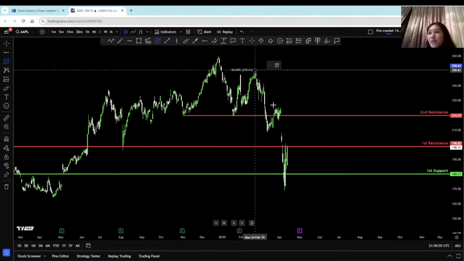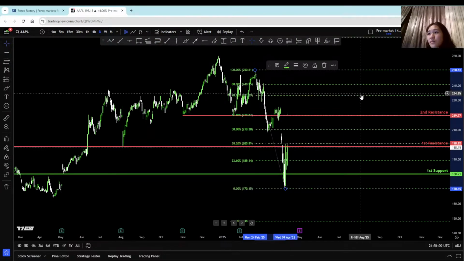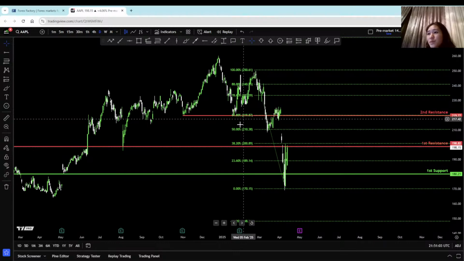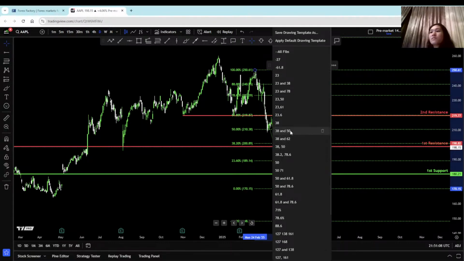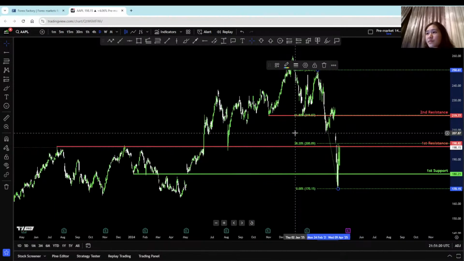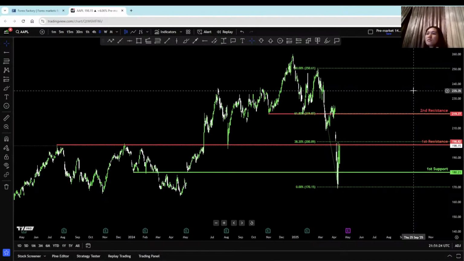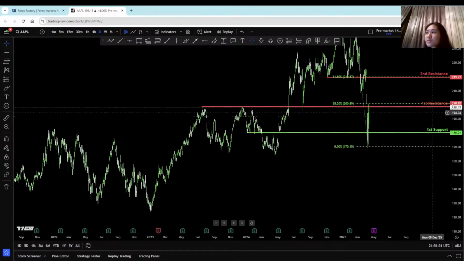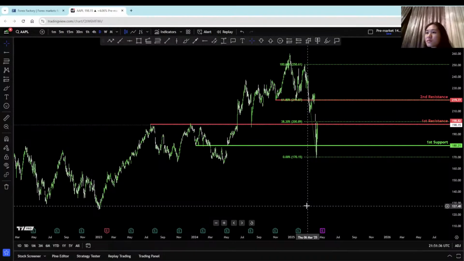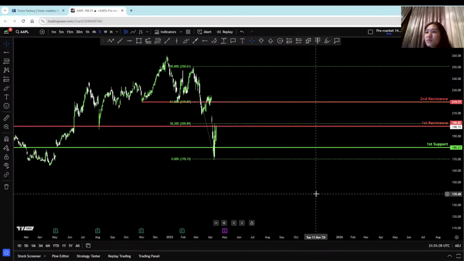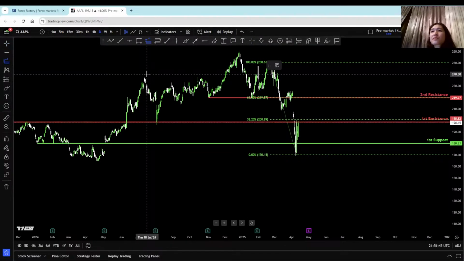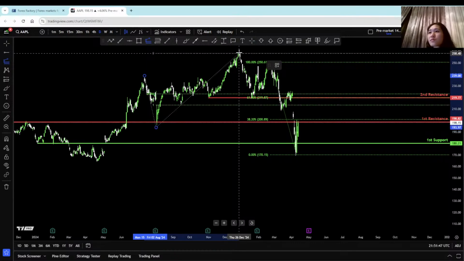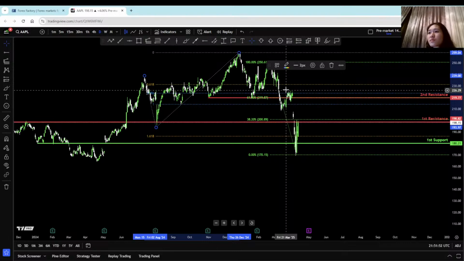Okay, now going in with our retracements. You can see that 61 and 38 line up. 38 and 61.